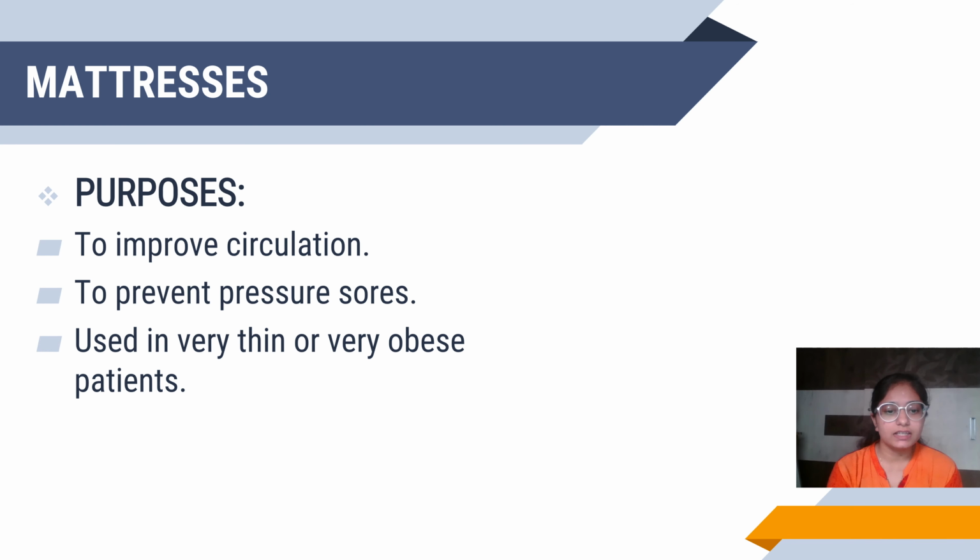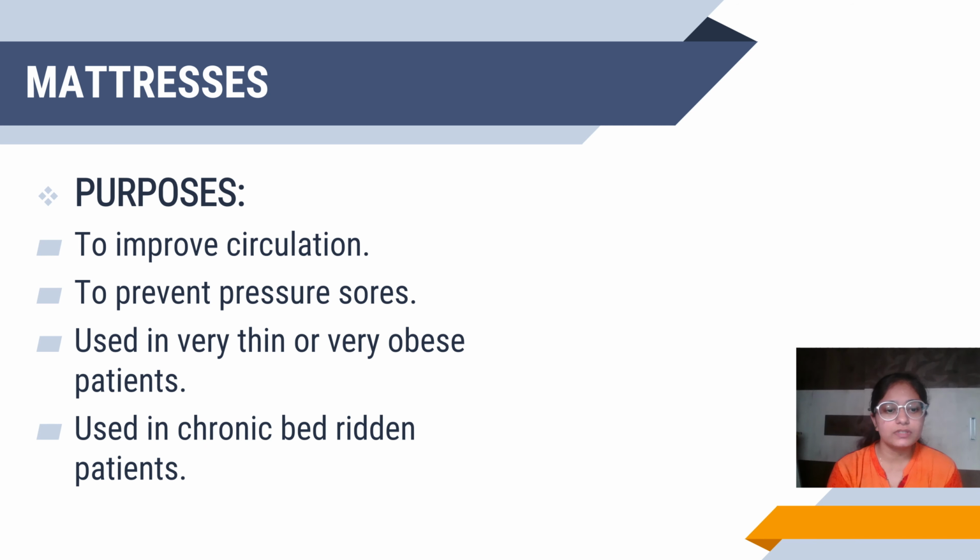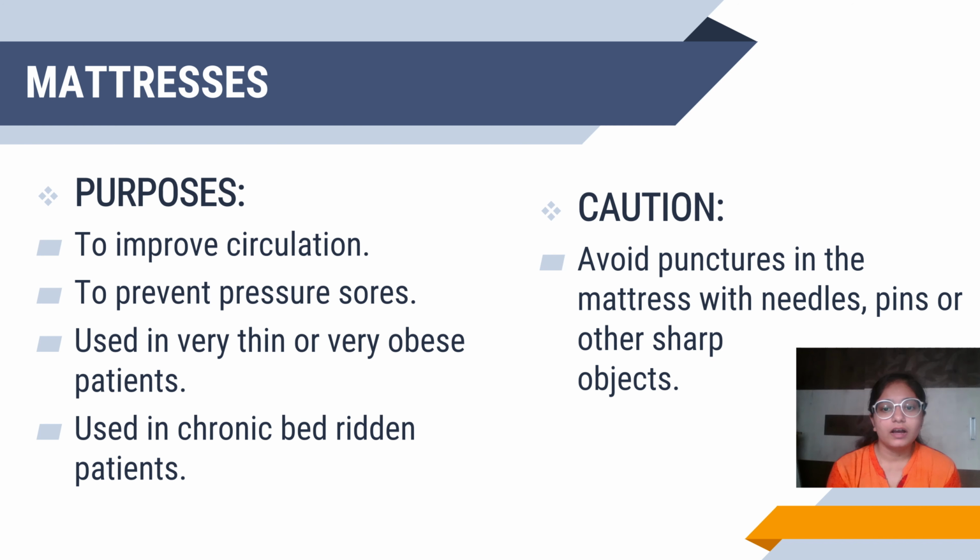Used in very thin or very obese patients, and in chronic, long-term bedridden patients. Caution: while using the mattress, care should be taken to avoid any punctures in the mattress with needles, pins or other sharp objects.